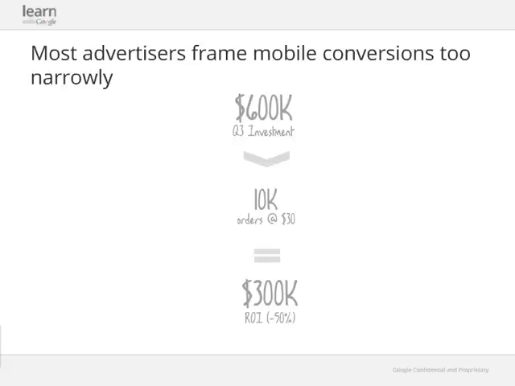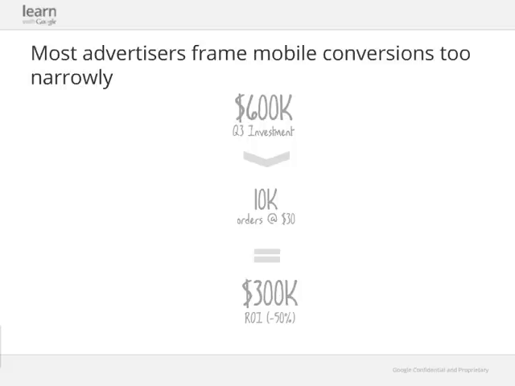And again, this is a very, very simple hypothetical advertiser, right? Let's call this advertiser A. She invests $600K in mobile advertising in the last quarter, in Q3. But they only got like 10,000 orders at $30 each.